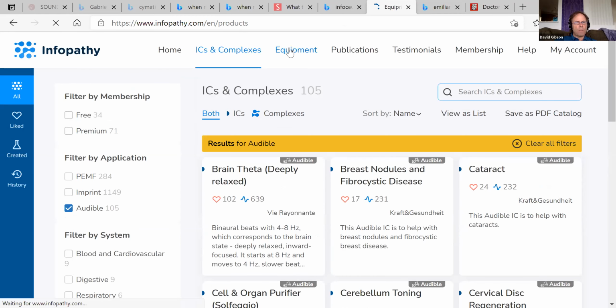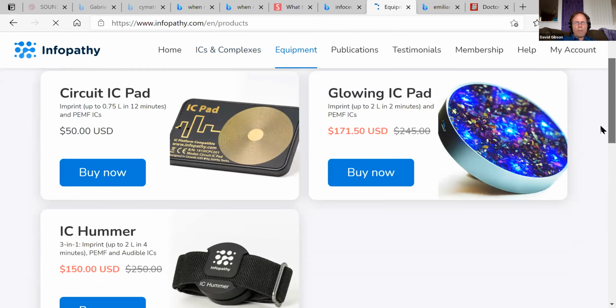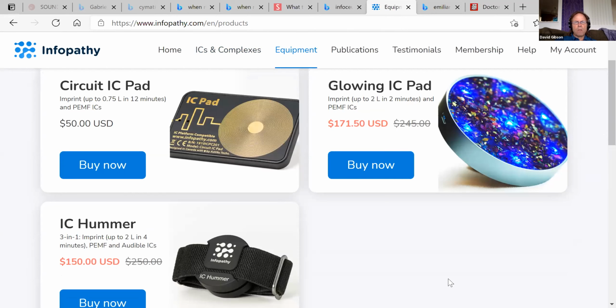What I'm really interested in is how they did the research, and let's talk about it. I believe there are different contributors to the remedies on this site, so it's like an open source site. The Hummer's been around for a long time. My friend has one.